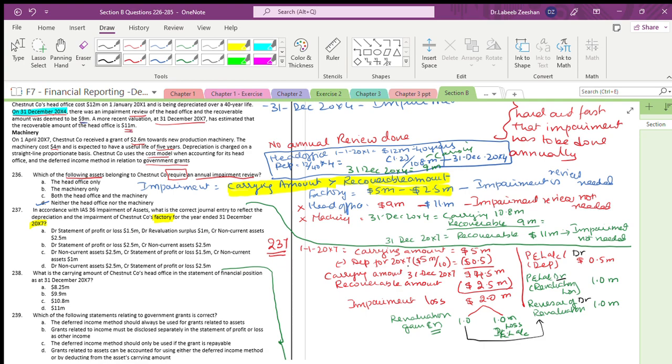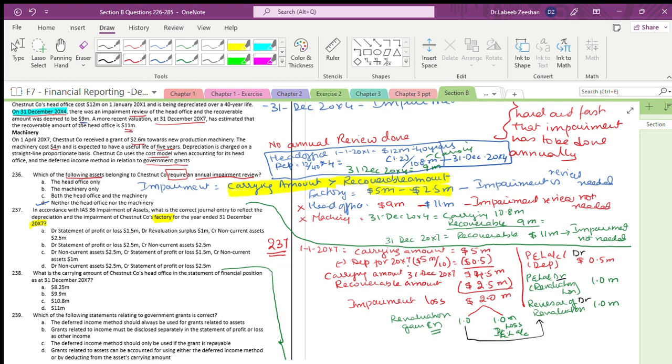See, again I will explain. Depreciation is 0.5 we have calculated, and definitely depreciation will be an expense. There was a revaluation gain of 1 million. When there is a revaluation loss, that credit should be debited. Fine, 1 million, that's why.